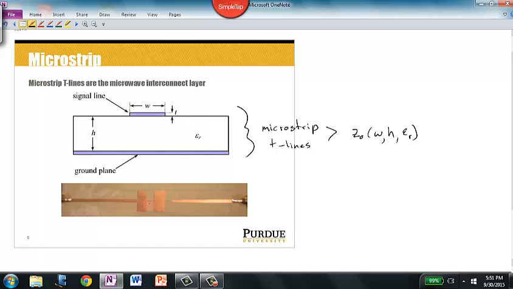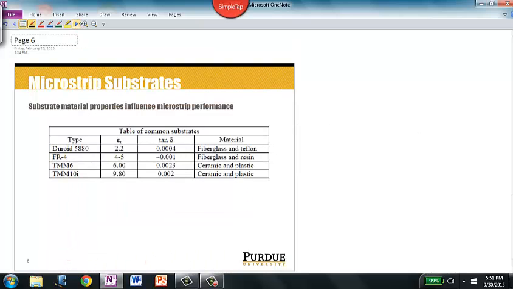So we'll find out in the class that you can actually design L and C type circuits, passive circuits, using nothing but a copper layer on microstrip, which is kind of an interesting application of microstrip design. But that's just a little bit of a teaser. We're not quite ready for that type of information yet.